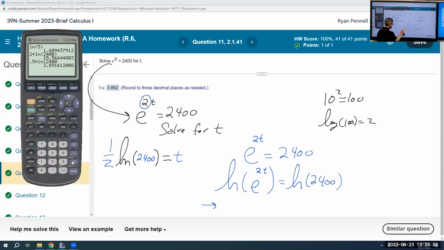Going to get, by exponent rules, 2400 divided by 2.